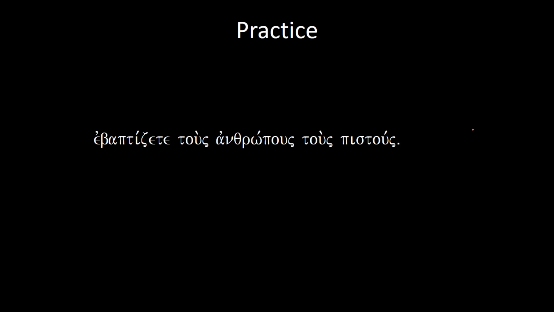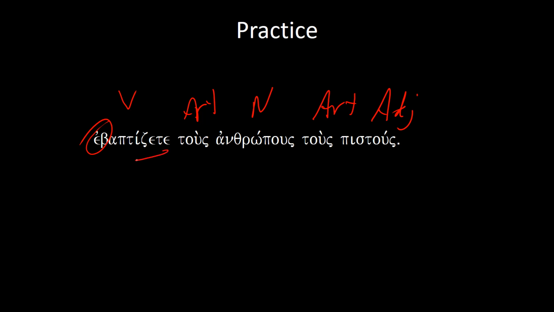Let's practice another. Ebaptidzete tous anthropous tous pistous. So here is verb, article, noun, article, adjective. On this verb, I've got an augment at the front. I've got no sigma alpha.